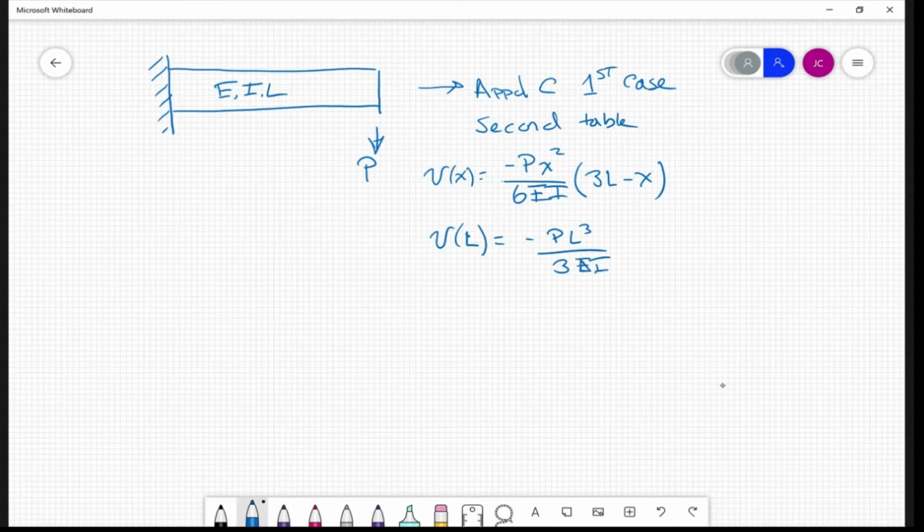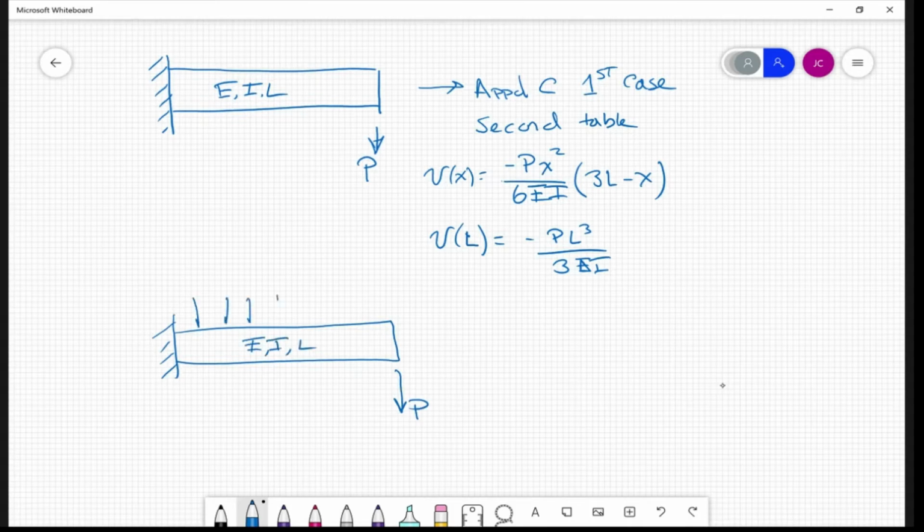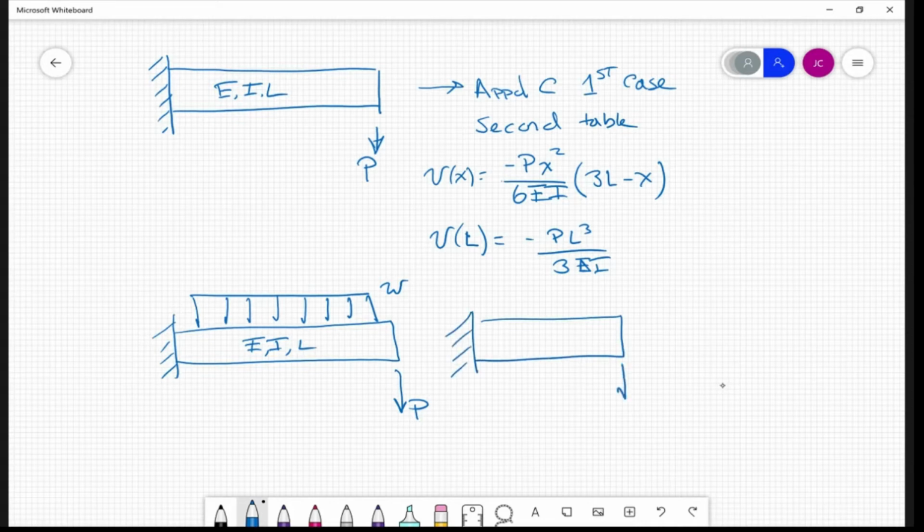Now, if you have something that looks like the following, you will not find this case in the table, but you will see that there is obviously the tip load case plus the distributed load case.